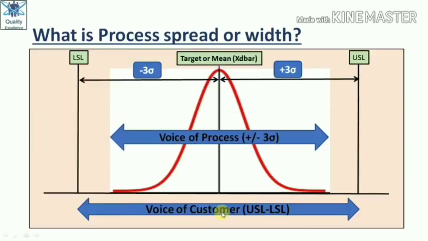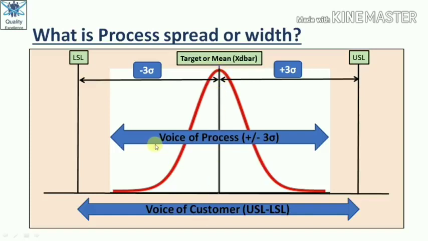Now let us know what is process spread or width. You can see here, this is the x-axis, this is the lower specification limit, this is the upper specification limit, and this is the target or mean, which we also call X double bar.